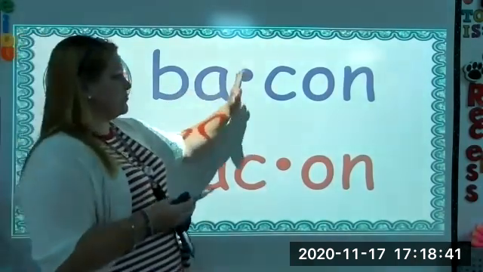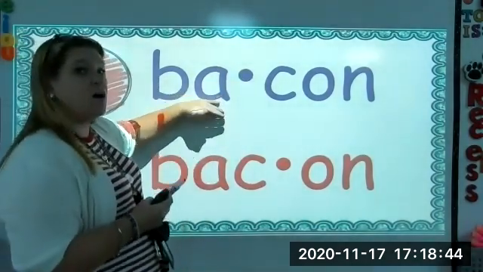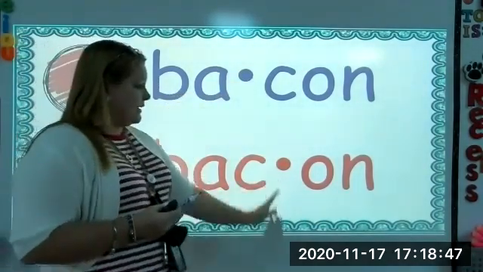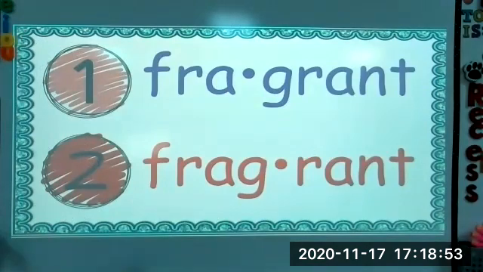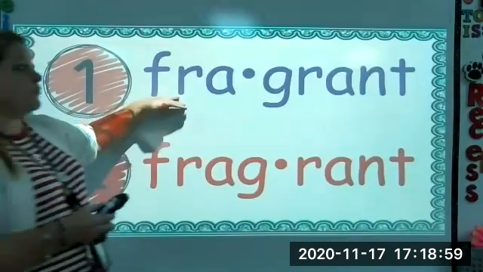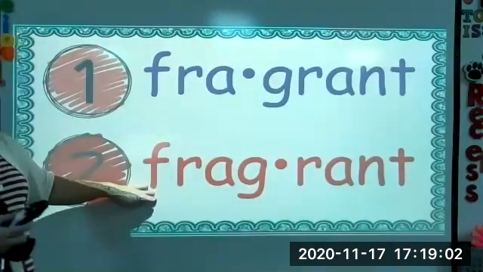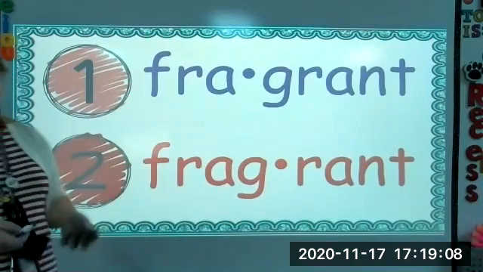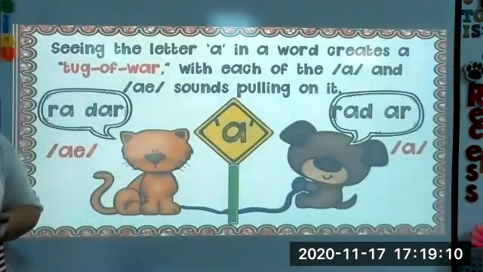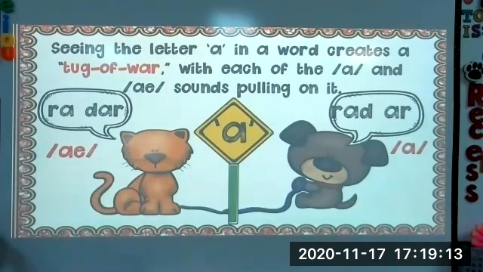When you break it after the A, it's a long vowel sound. When you break it after the next consonant, it's a short vowel sound. So the last one, the roses were so blank, is it fragrant or fragrant? Fragrant. Good job. So when you see the letter A in a word, it kind of creates a tug of war with each of the A sounds pulling on it.